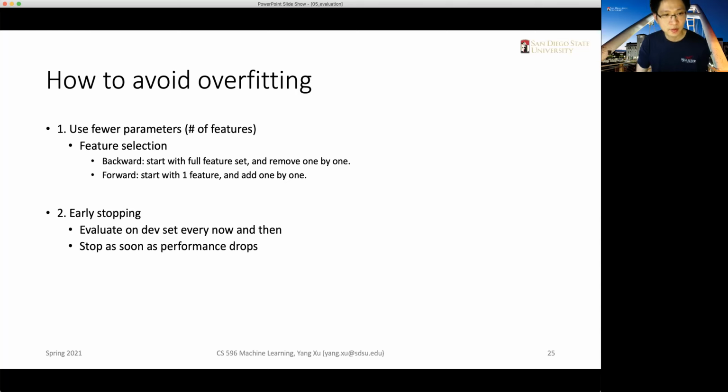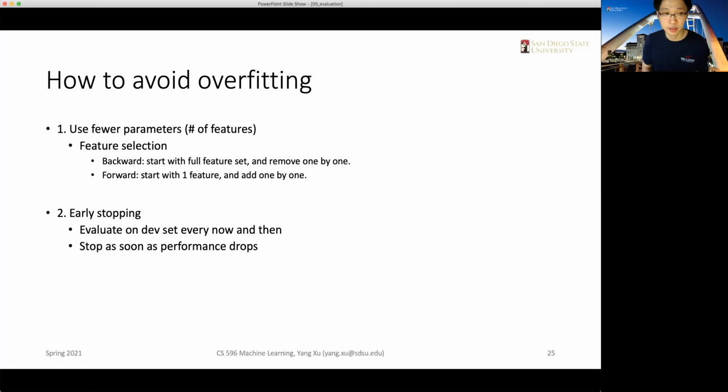So sometimes we want to stop the gradient descent process early, because gradient descent is to find the points where the loss has the minimal value. Around those regions, the models fit the data very well. But we know that sometimes when you fit the data too well, it's not a good thing.